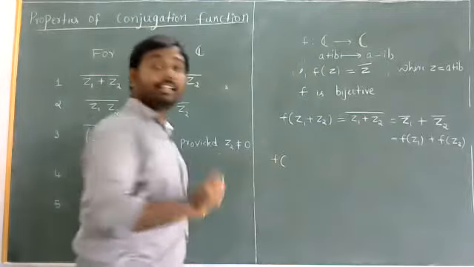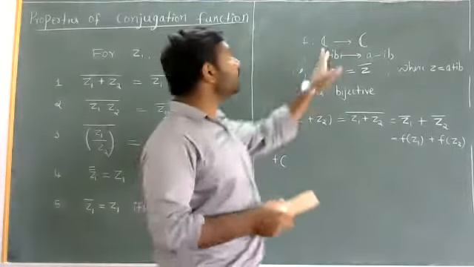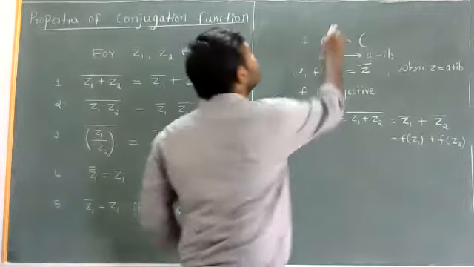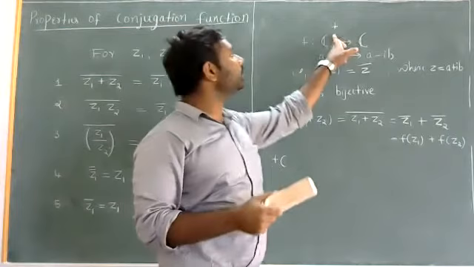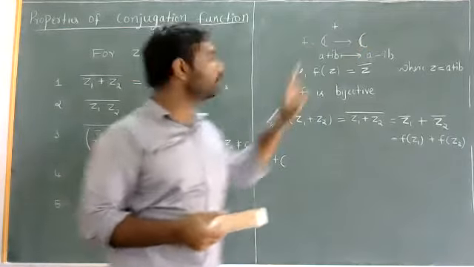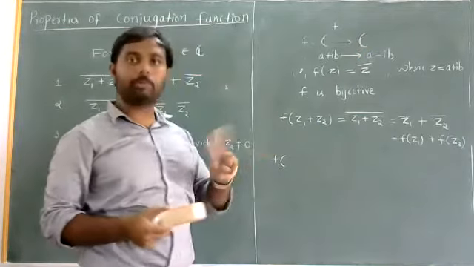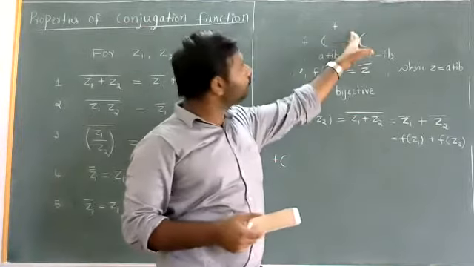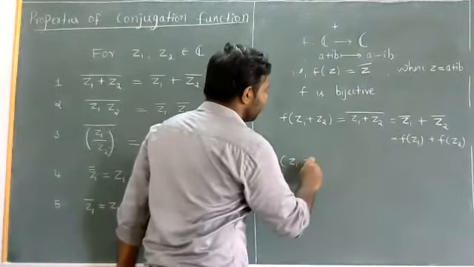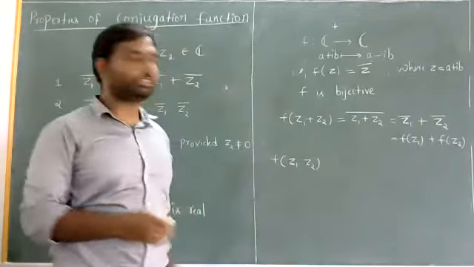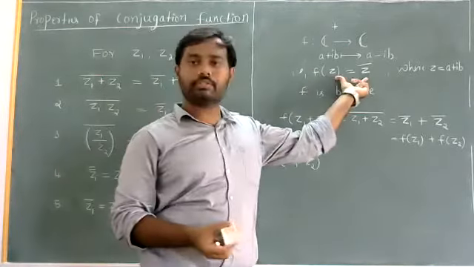Similarly, for the other binary operation, C is a field, so it has 2 binary operations on it. One is addition, the other is multiplication. So I have to verify the homomorphism condition with respect to both the operations. So now consider f of z1 into z2. Once again, use the definition of the function.